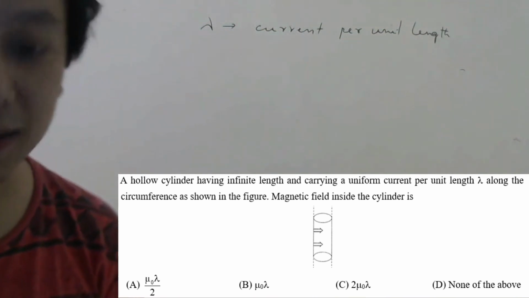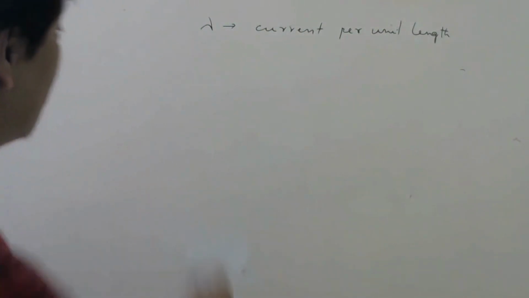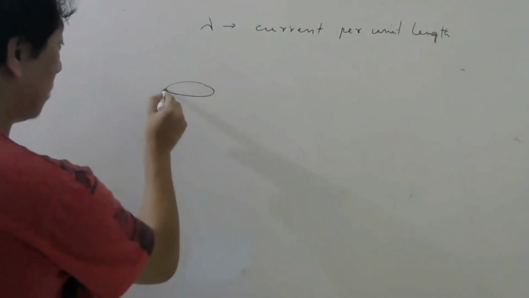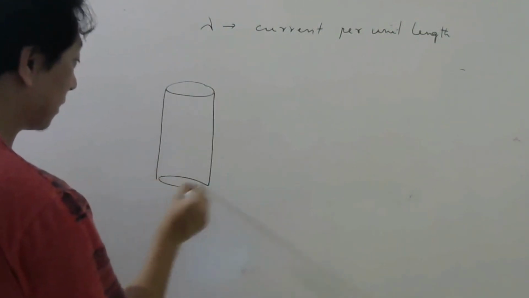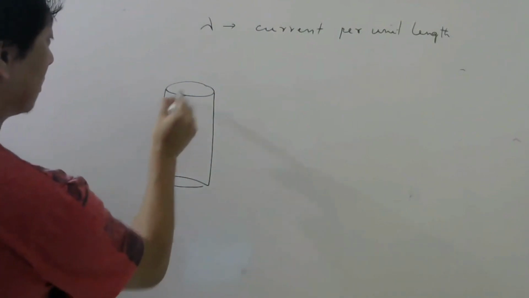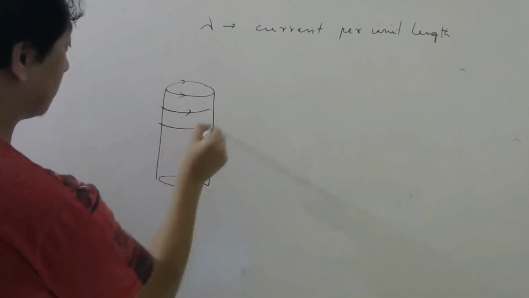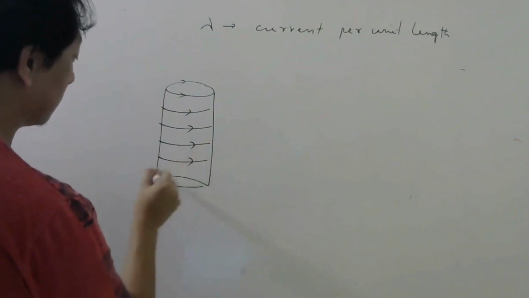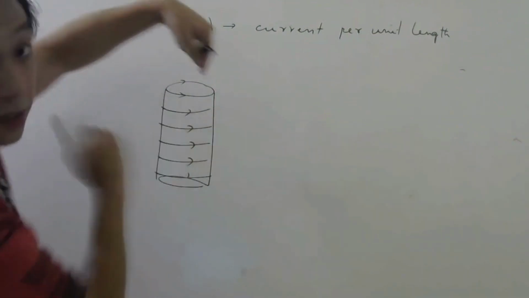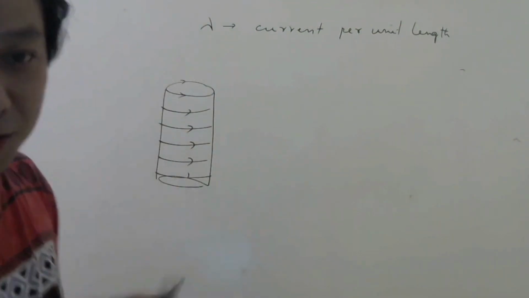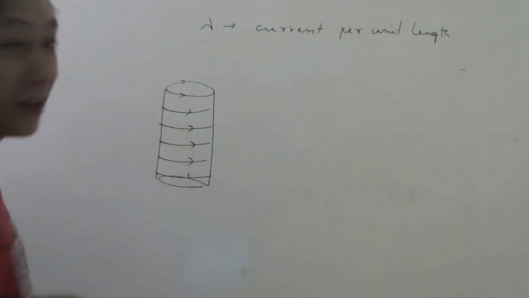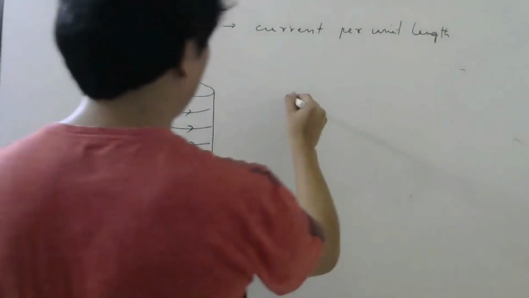Magnetic field inside the cylinder they are asking, inside. So if you see the diagram, they have given you a cylinder like this and current is like this, okay? Everywhere. So it is flowing on the circumference. So if you think of this, it is like a solenoid. They want magnetic field inside. So you just turn this and keep it like this.